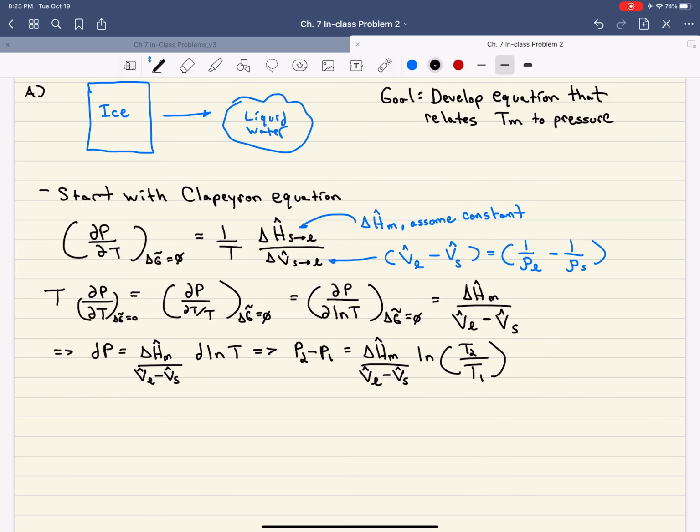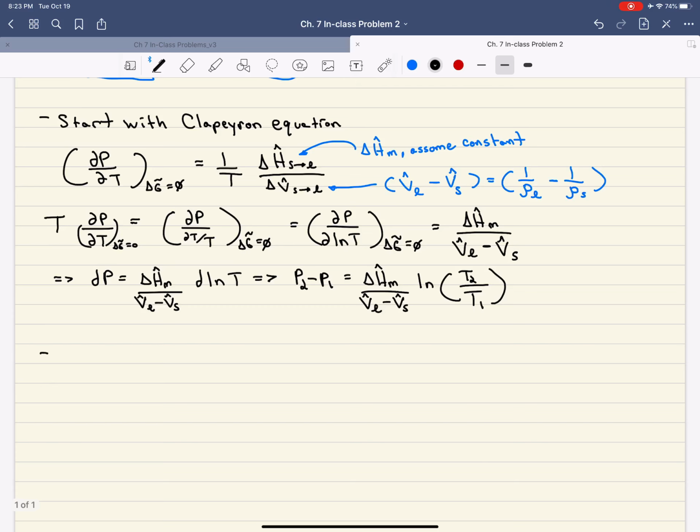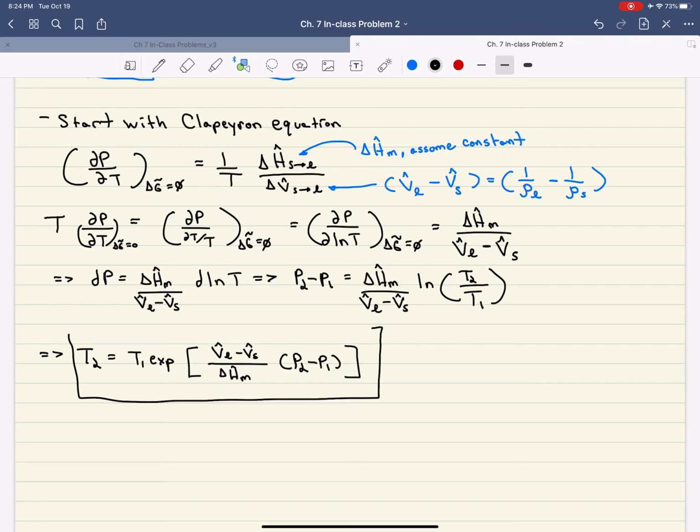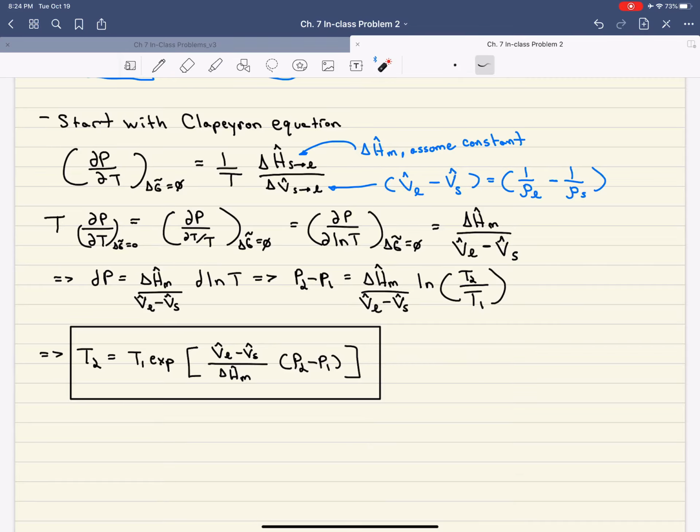Now that we have this relationship, we could rearrange it to solve for T2. Okay. So just by manipulating the Clapeyron equation, we can now relate the melting temperature of our ice to the pressure. So that's part 1 of the problem, or part A.